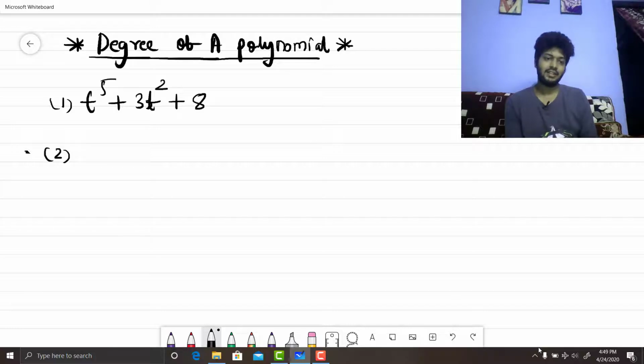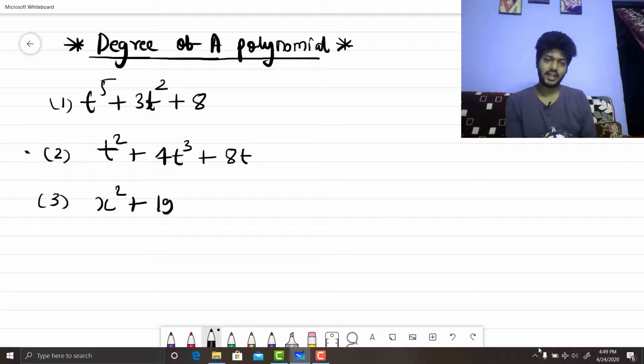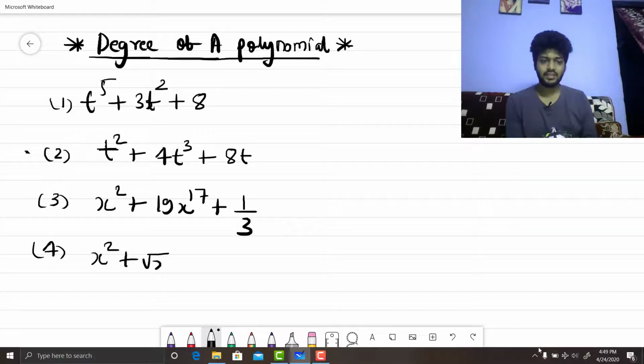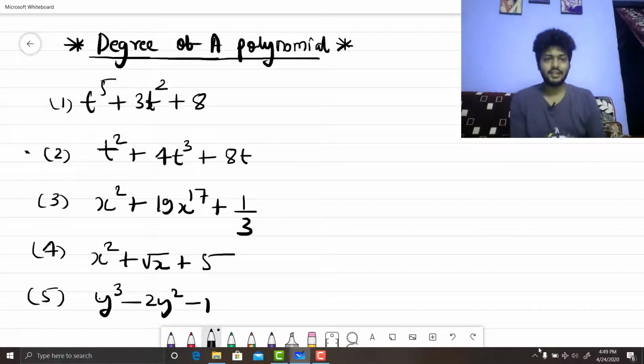After that we will discuss them. t square plus 4t cube plus 8t, x square plus 19x to the power 17 plus 1 by 3, x square plus root x plus 5, and the last one is y cube minus 2y square minus 1. Okay, so let's just start.